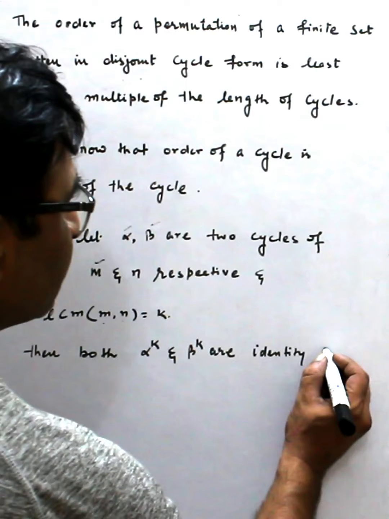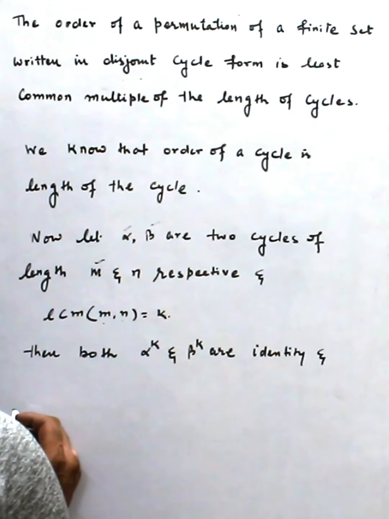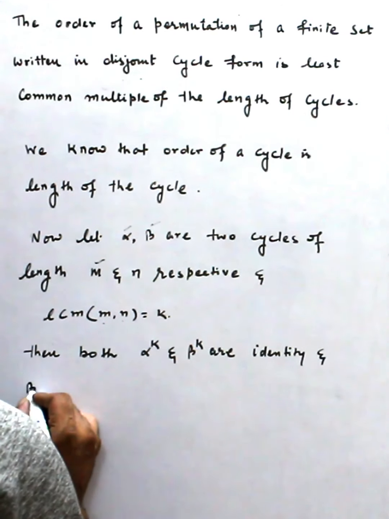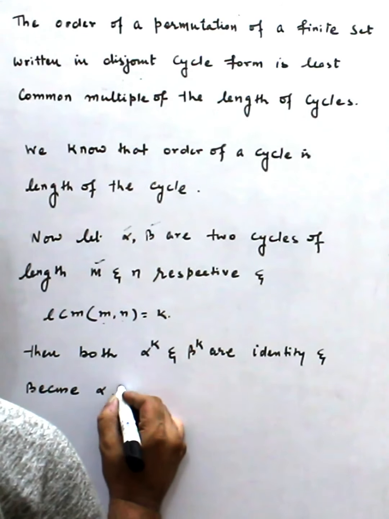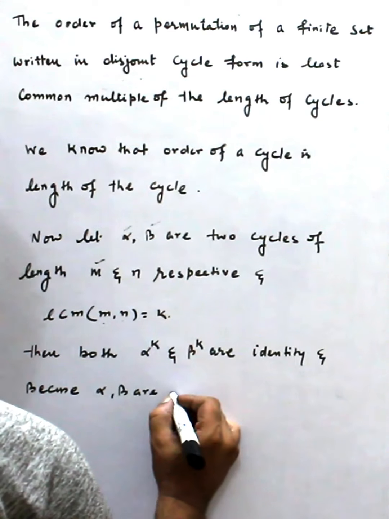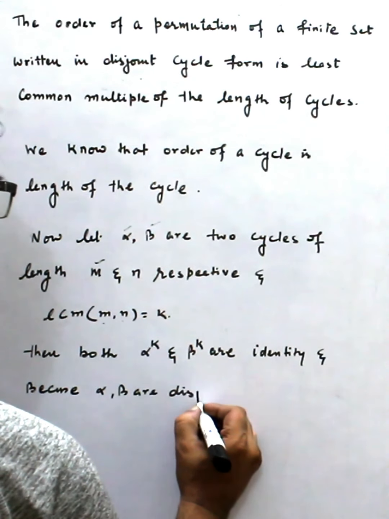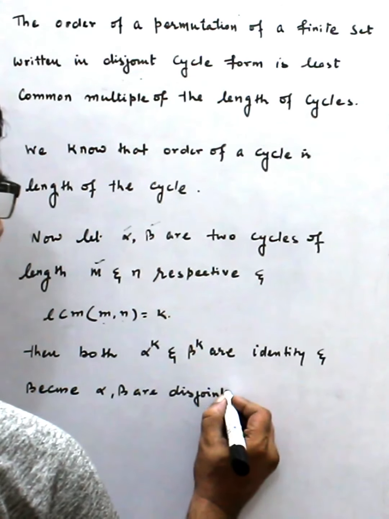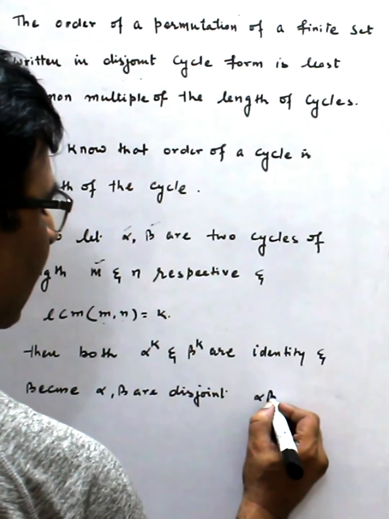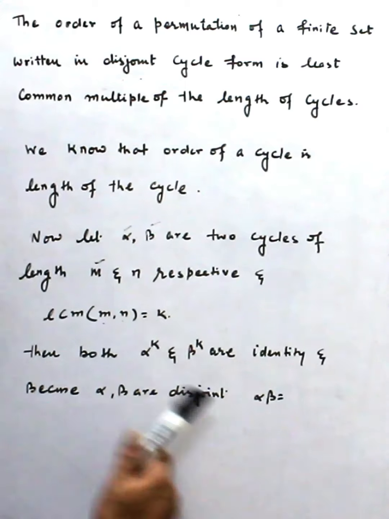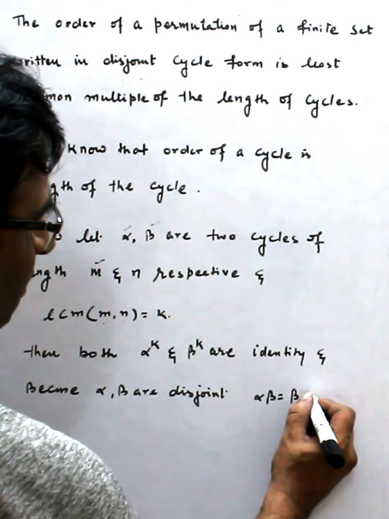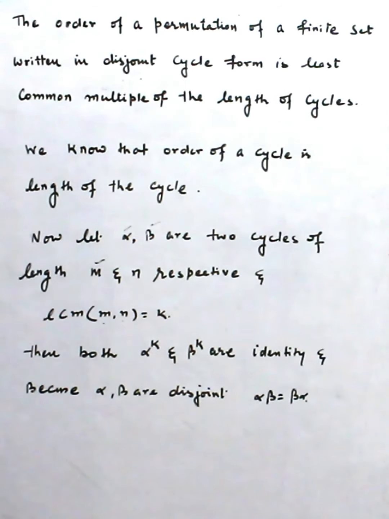Because alpha and beta are disjoint, we did a theorem before this, so the product is alpha beta.